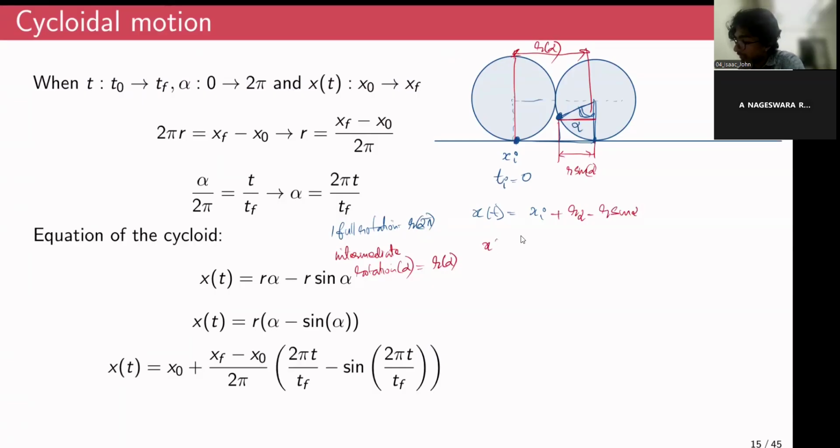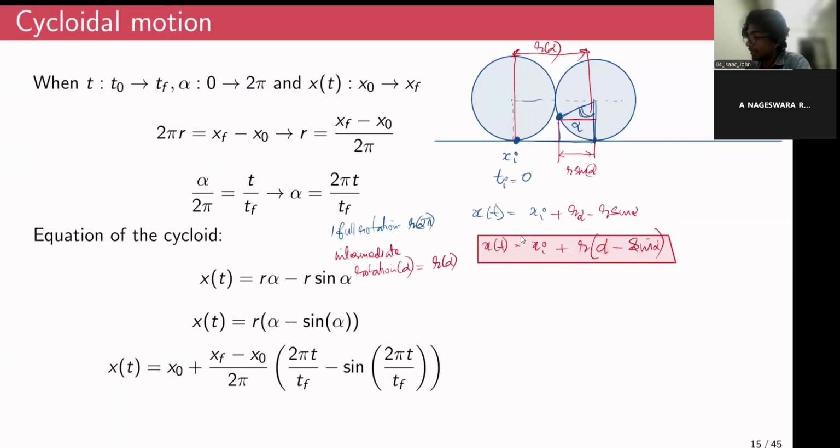Or I can write x of t as xi plus, if I take r outside, r times alpha minus sine alpha. But then there is one issue: for trajectory, we have to express everything in terms of time, but we don't have any time variable in this equation.